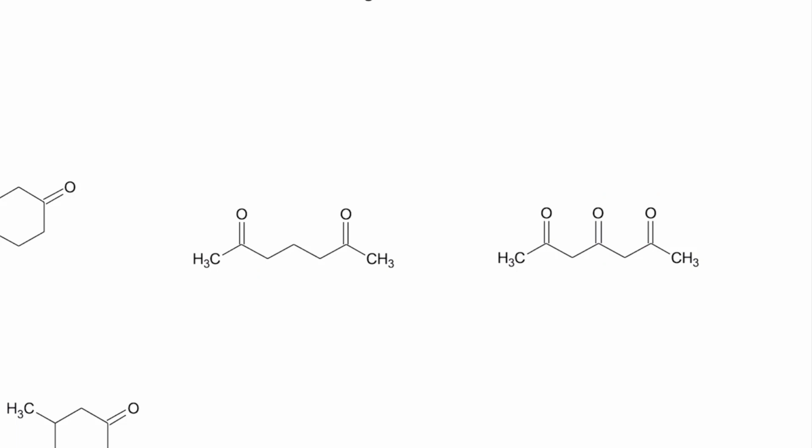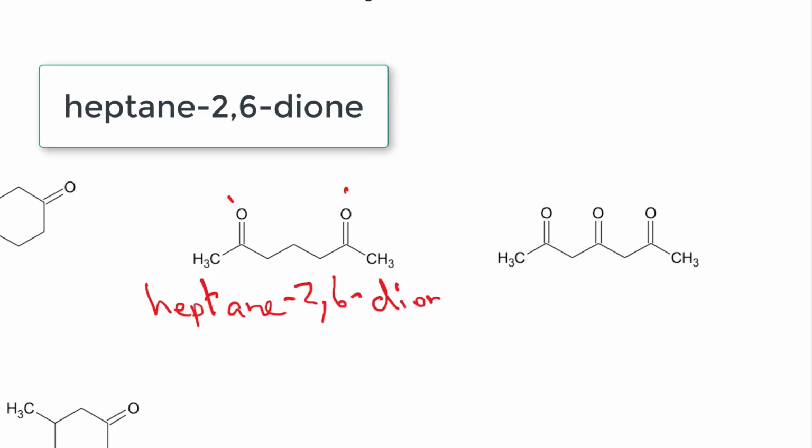So we have a heptane, and in the 2 and the 6 position is a dione. All one word. Notice that I kept the E here because right after the 2 and the 6 I have this D, dione, so I kept the E in place.